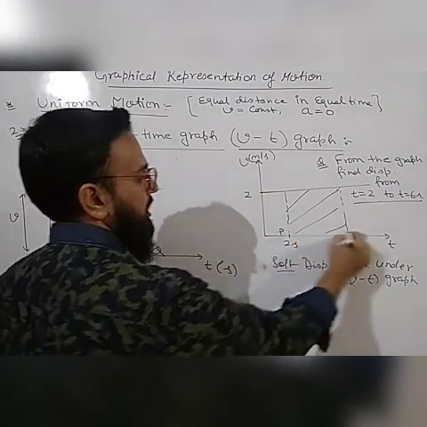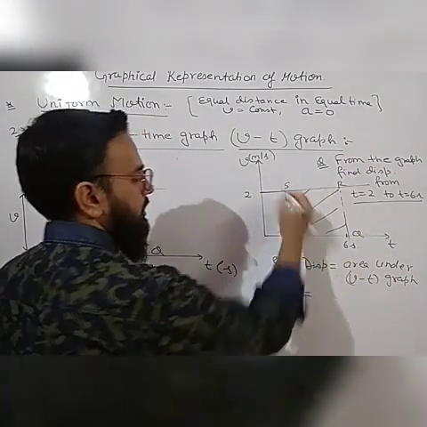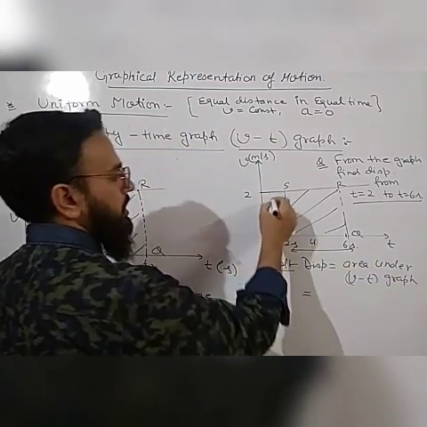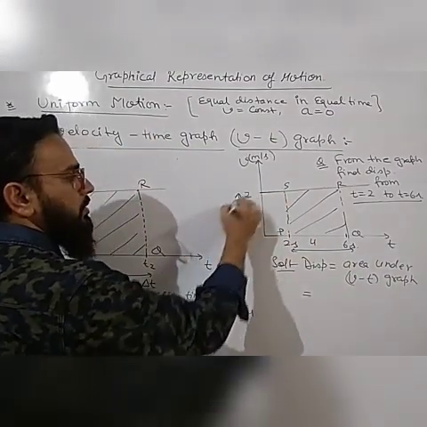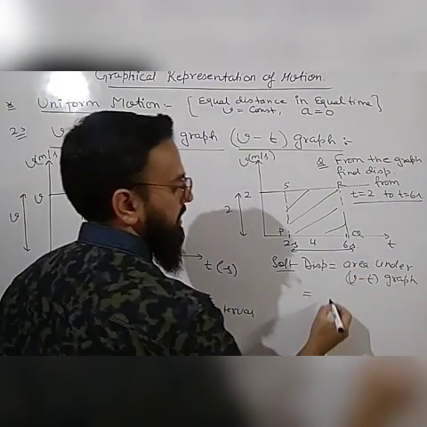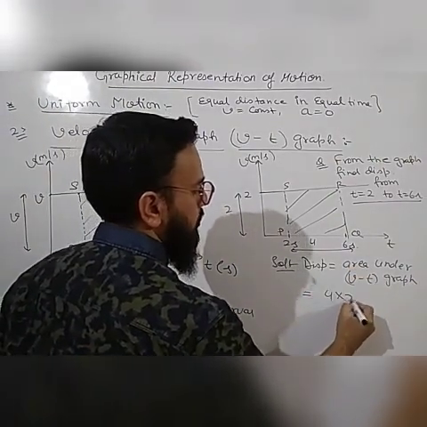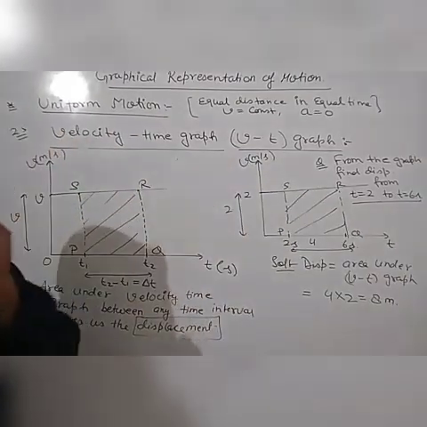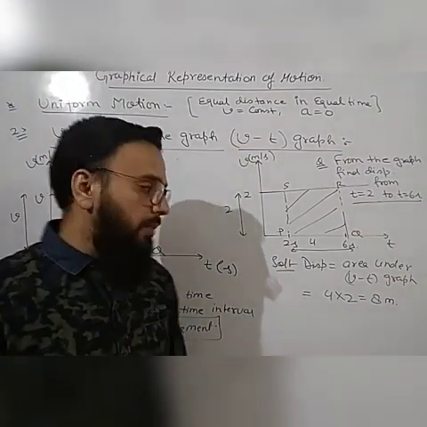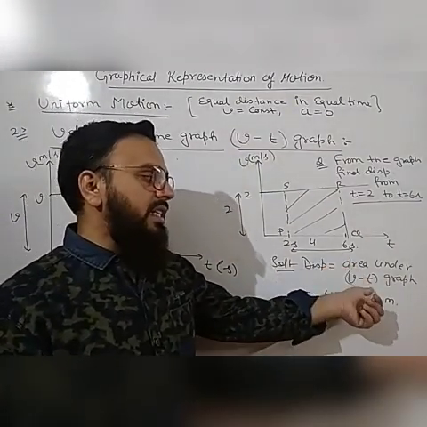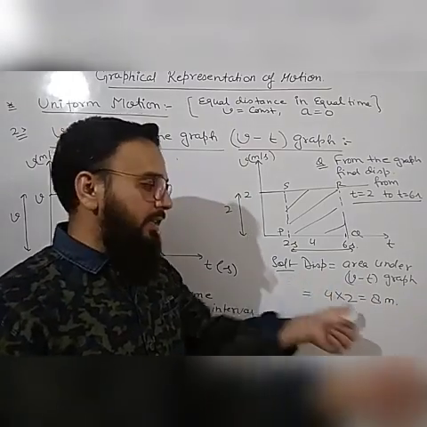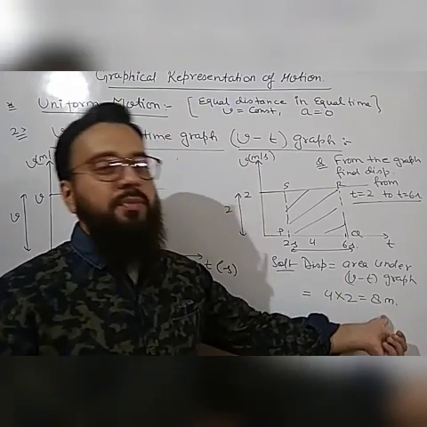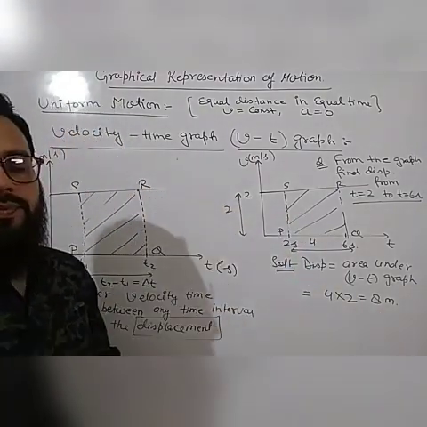Let us consider it P, Q, R, S. This length will be equal to 4. And what is this length? This is equal to 2. So the area under the VT graph will be equal to 4 into 2, that is equal to 8 meter. The unit of area is meter square, but here the area under the VT graph gives us the displacement and the unit of displacement is meter. So we write here 8 meter. So the answer is 8 meter.